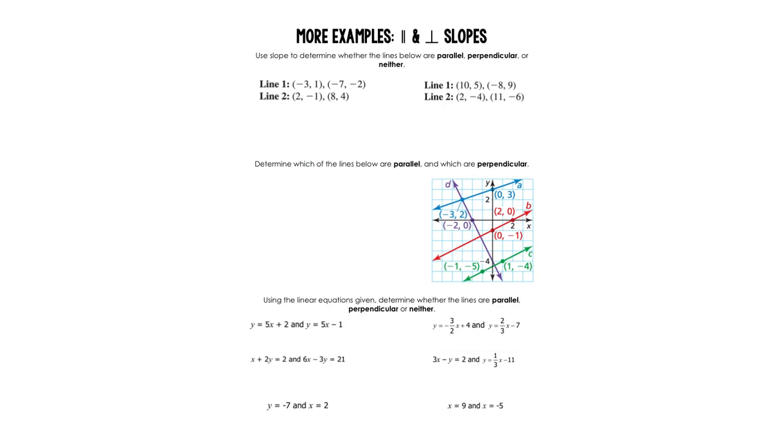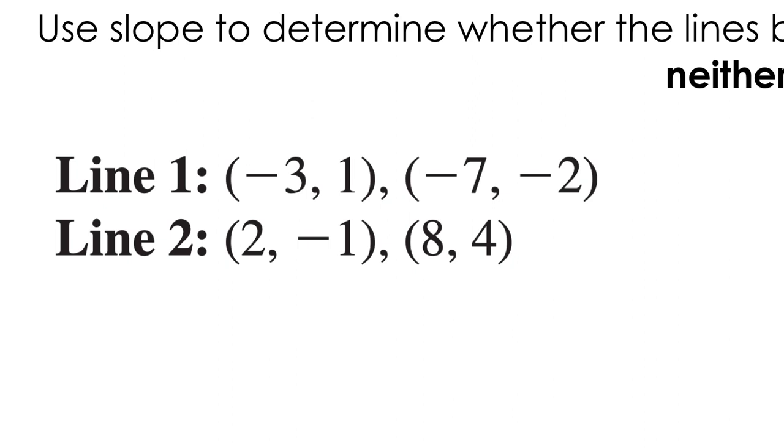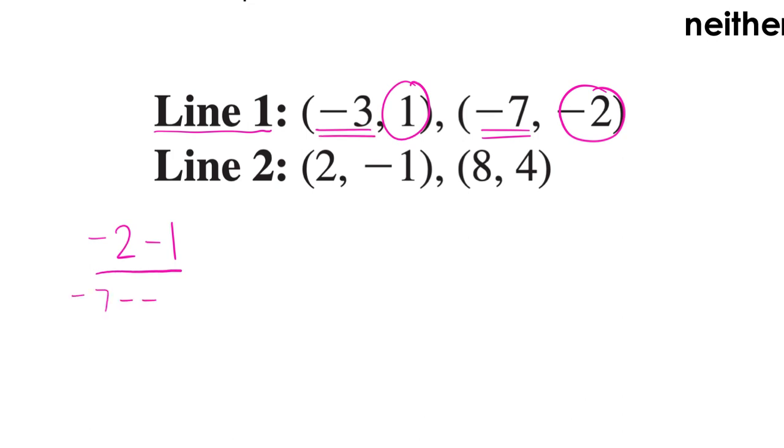Okay, so here's a couple more examples. We're going to do the same thing. We will find the slopes of each line, and then we will determine whether they are parallel, perpendicular, or neither one. So here we go, starting with line 1. Y values would be negative 2 and 1. So I'm going to go negative 2 minus 1 over negative 7 and then negative 3. So we have negative 7 take away negative 3.